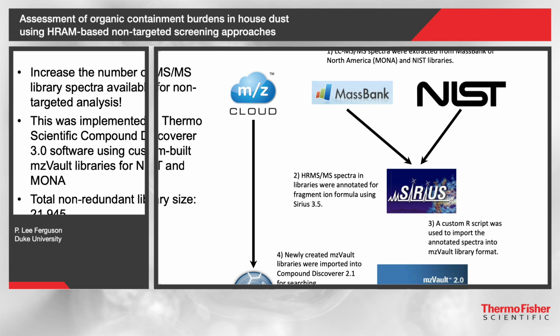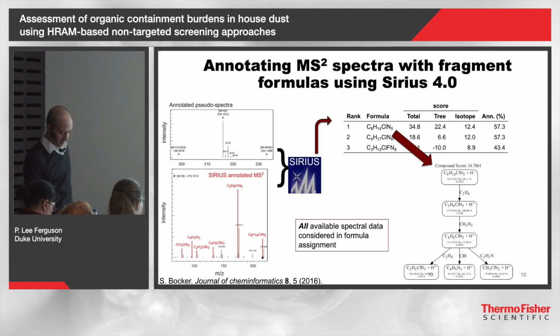The problem is that the data is of varying quality. First, let me just tell you how Sirius works. This is how we're annotating all of the library spectra that we get from MassBank and NIST. These are actually not very well curated in some cases. Sirius 4.0, which Sebastian Böcker's group has developed, takes our MS isotope information as well as our high-resolution MS2 information and ranks the formulas that are possible.